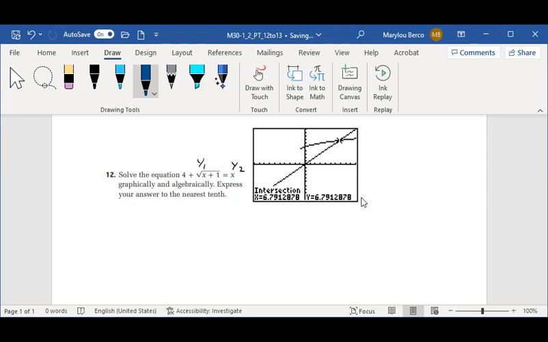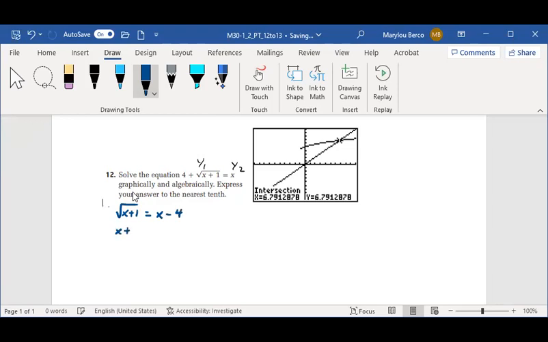Algebraically, what we need to do is to move everything to the root on one side. So we will get root x plus 1 equals x minus 4.